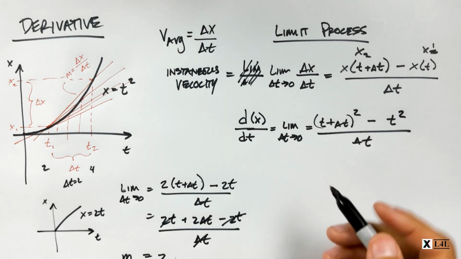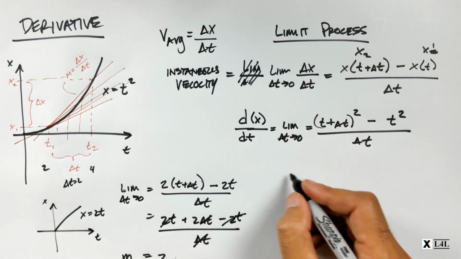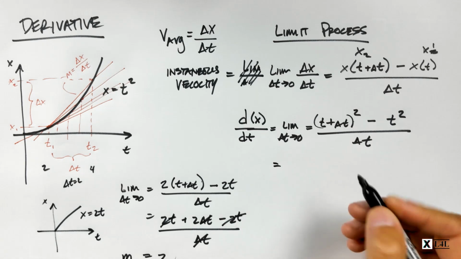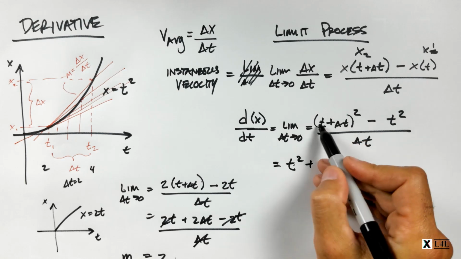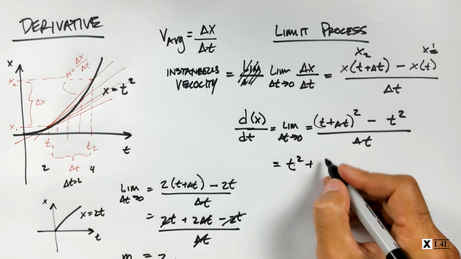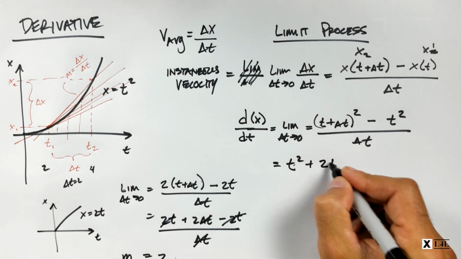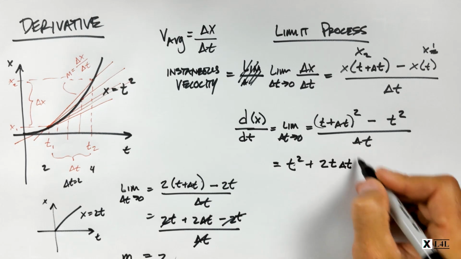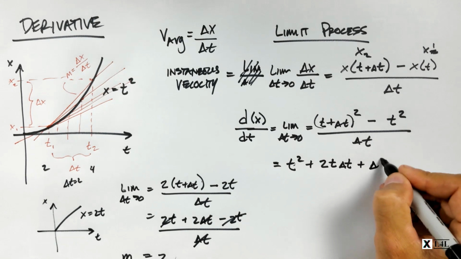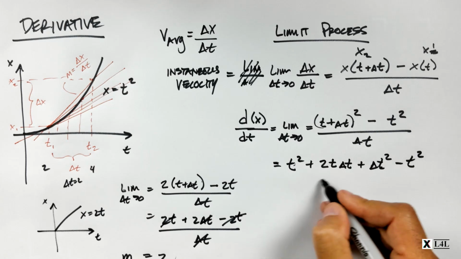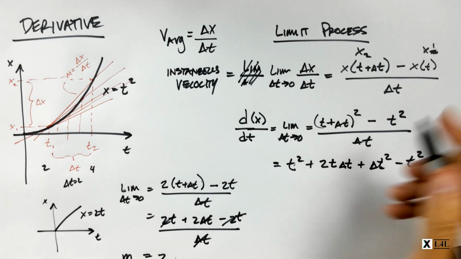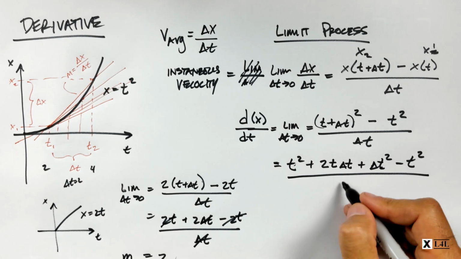All right, so we've got to square this out. So I'm just going to move over, give myself a little bit of space. So square it, t squared, and then we have a t times delta t, so that's 2t delta t plus delta t squared, minus t squared, again, all over delta t.